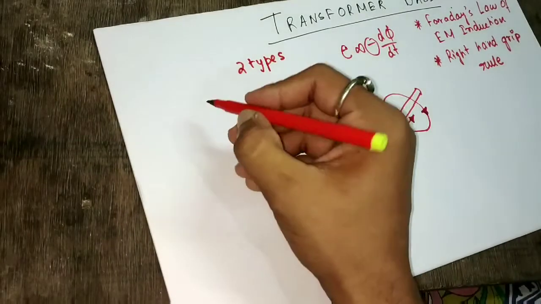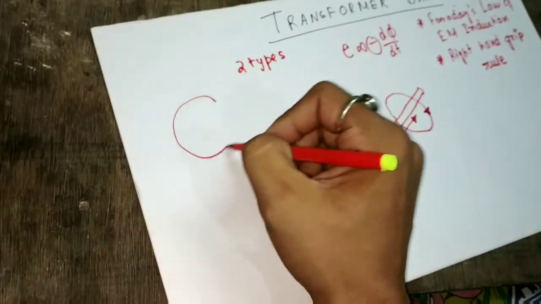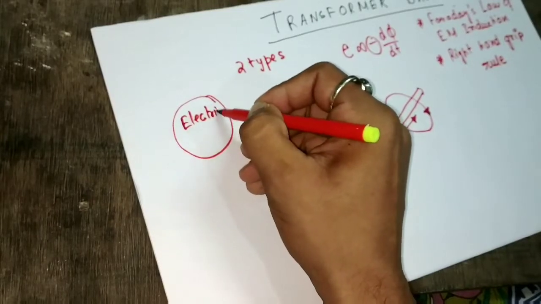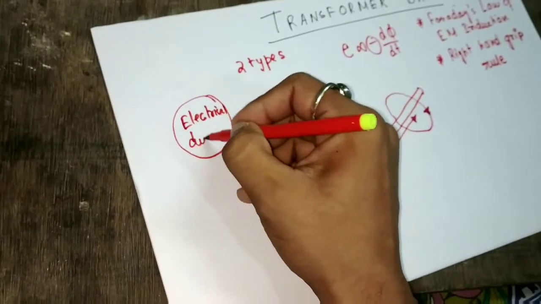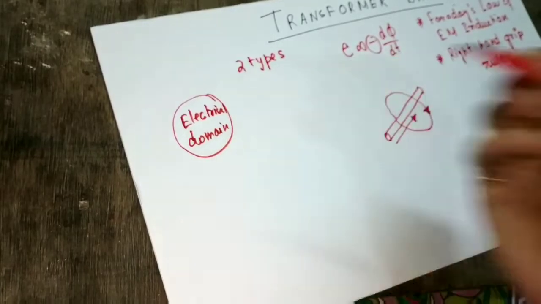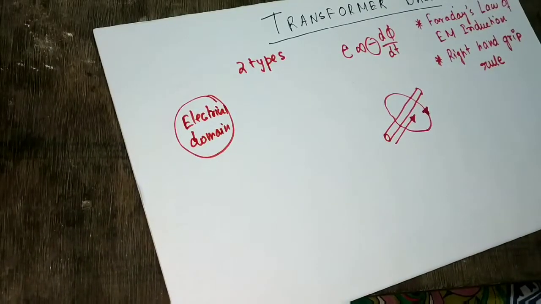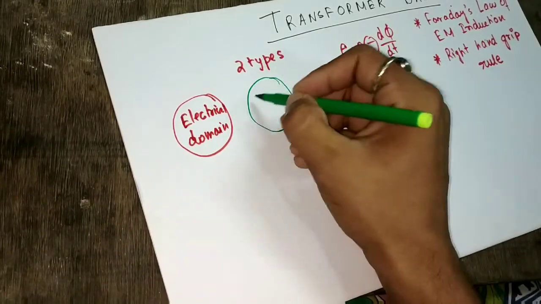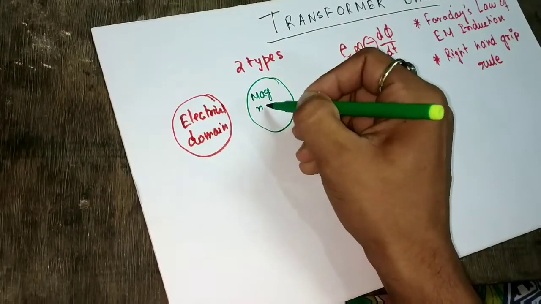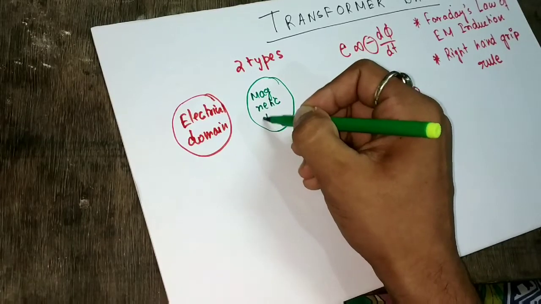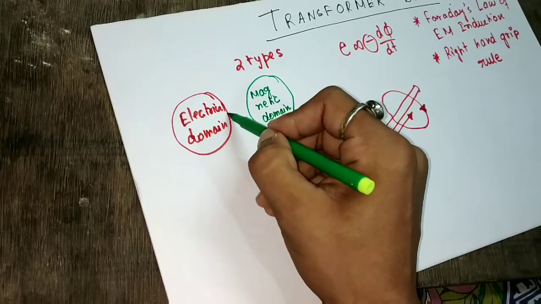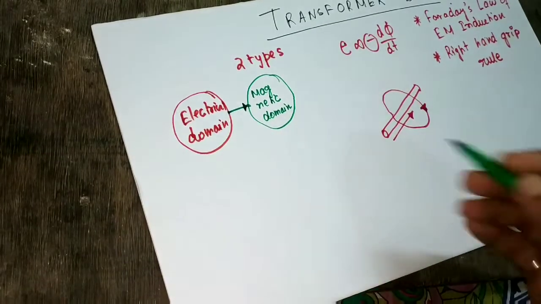In a transformer there is an electrical domain, then there is a magnetic domain, electrical domain to magnetic domain.